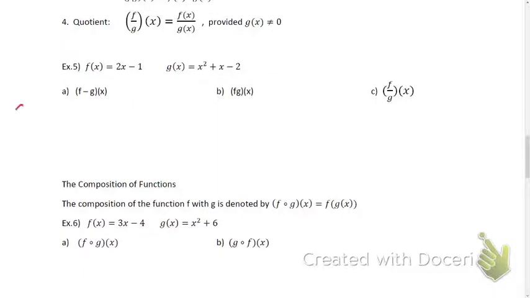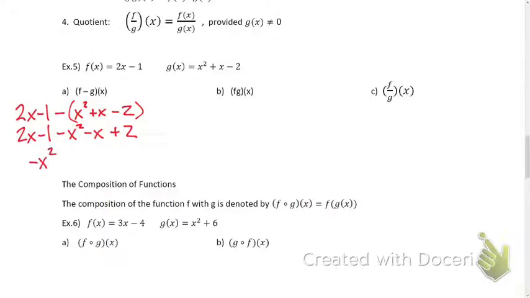I start by just writing the f function minus, and then I put parentheses around g, because all those signs are going to flip. So I end up with 2x minus 1 minus x squared minus x plus 2, and then combine like terms. So I end up with this plus x plus 1.